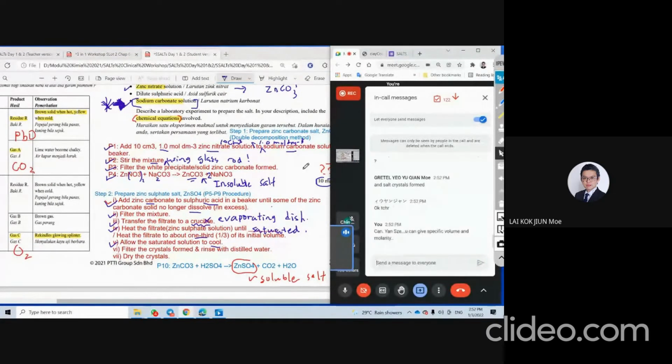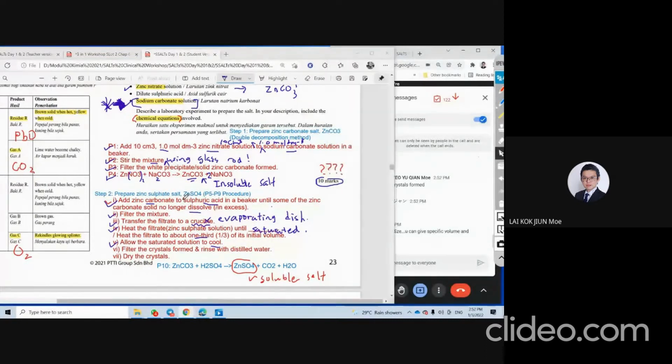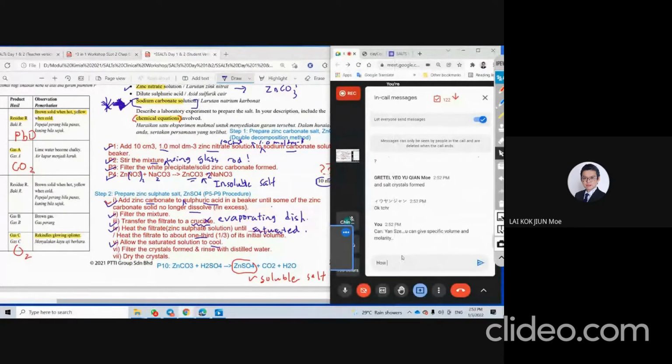If you can be more specific, it's very good. You just give maybe how much you want, Yancy? How much molarity? You can give an example only. Maybe 1.0. Then how much volume is suitable?